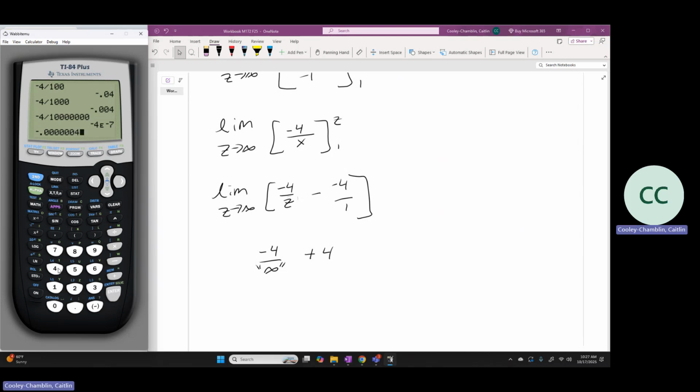So notice as I'm dividing by larger and larger numbers, my entire number is shrinking. So I get really 0 plus 4.